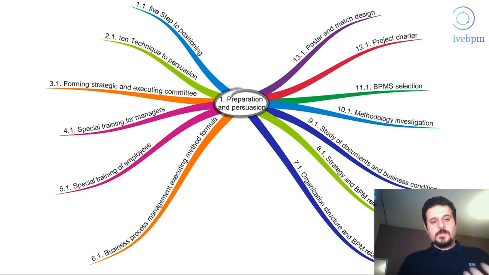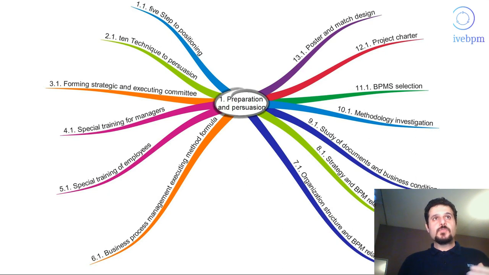The third is forming a strategy and executing committee, I mean, a steering committee. You should create a steering committee and an executive committee. We need two committees to establish business process management with the help of our employees and colleagues.